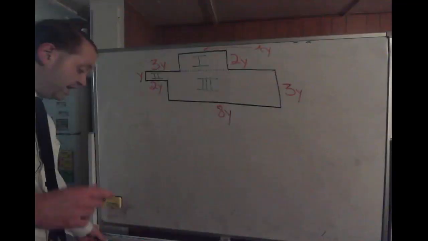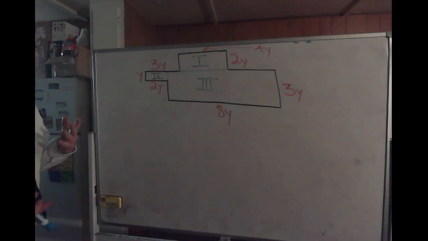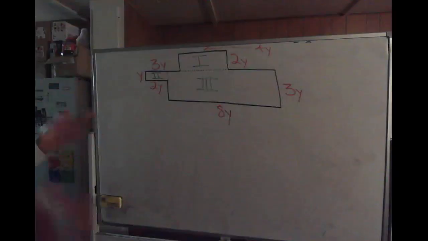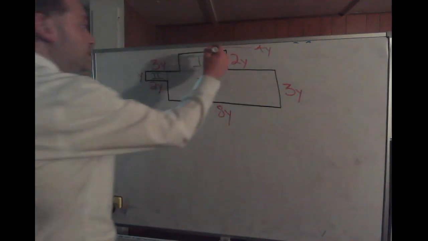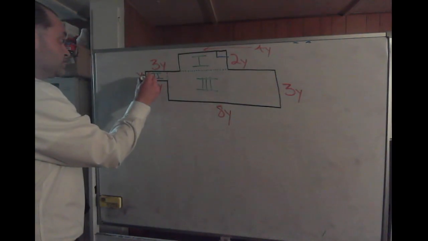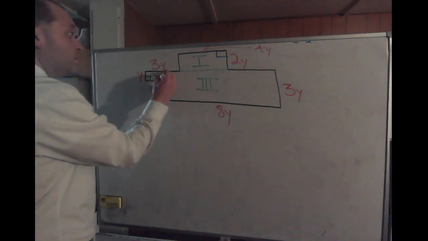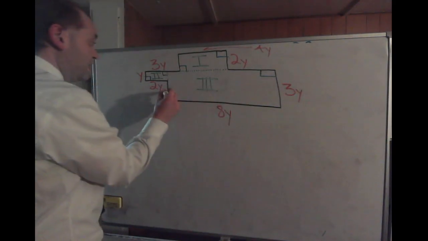Again, we're going to find the area of each region. Then we're going to add them together. We'll get our answer. So we're going to find all the areas in terms of y. And I should disclose that each of these are right angles here. We have right angles in each of these quadrilateral regions. Okay.